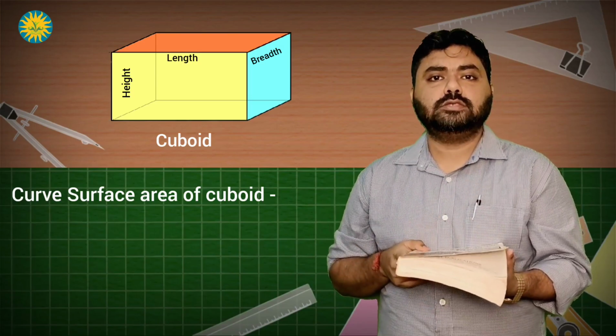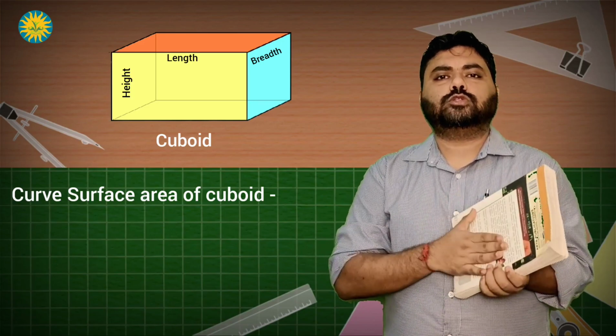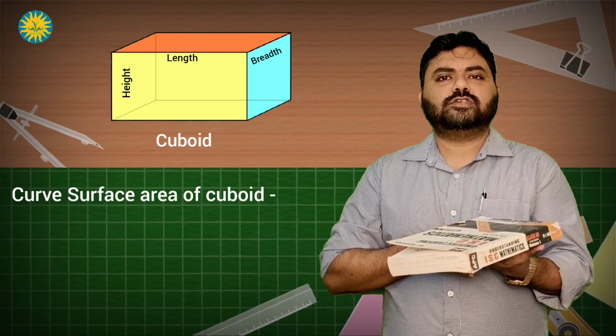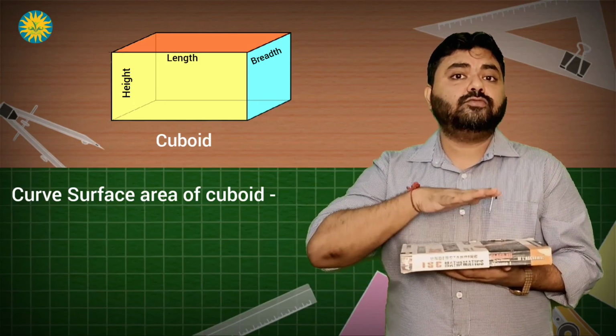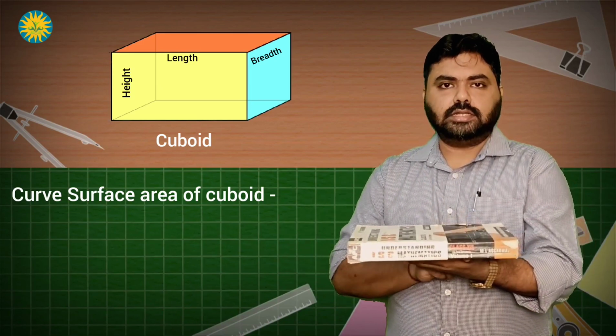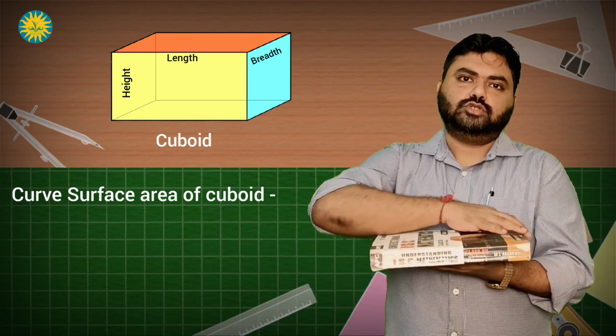Now, we will find the curved surface area of this cuboid. Curved surface area means we will exclude two surfaces, that is the topmost surface and the bottom surface. Therefore, the area of these 4 surfaces will be its curved surface area. And the area of these 4 surfaces means length into height plus length into height, breadth into height plus breadth into height.